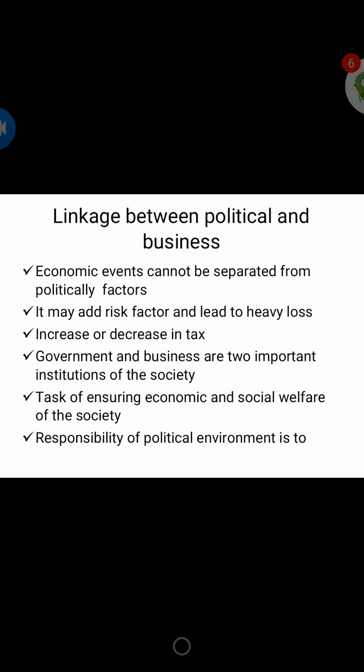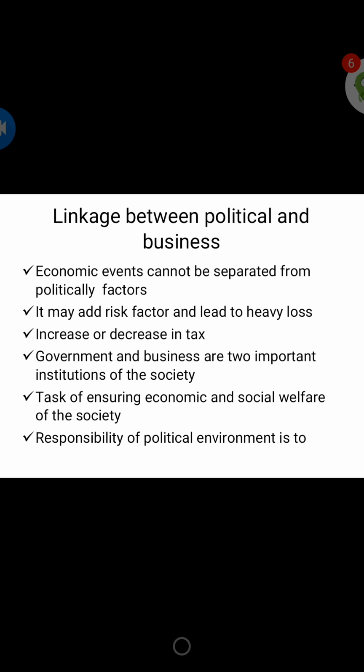Government and business are the two important institutions of society. If the two work together and in coordination, the society will be benefited. There is a close link between political factors and the business environment.